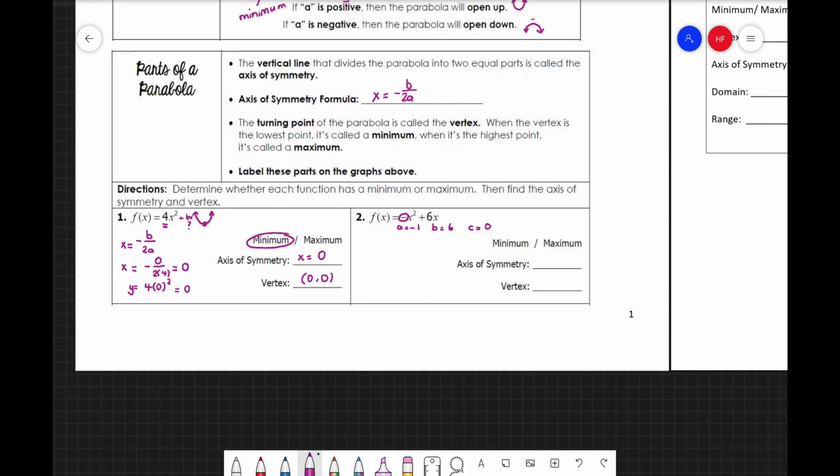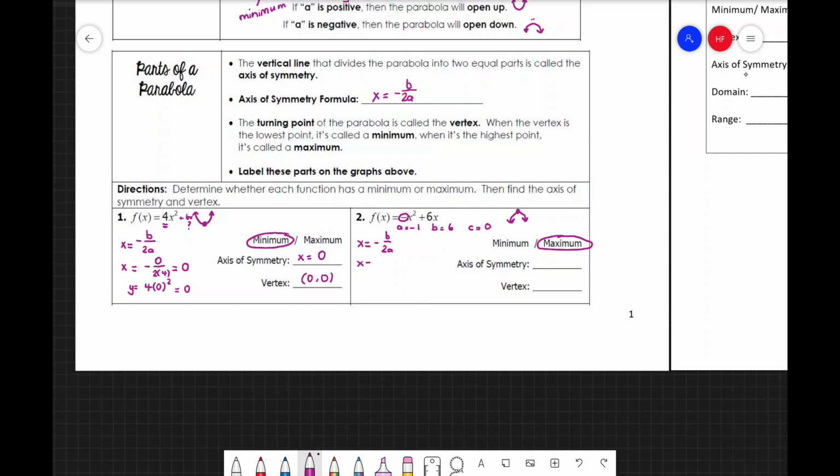If we have a negative a value, we're not happy about it. So we're frowning. We're going to have a highest point, which is the maximum. Now, in order to find my axis of symmetry, I've got x equals negative b over 2a.